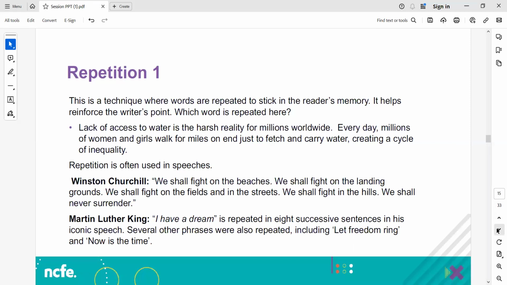So repetition is often used by politicians and, obviously, Martin Luther King, a civil rights activist, in important public speeches, and people will take that message away with them because it helps it to stick in the reader's or, in the case of a speech, the listener's memory.